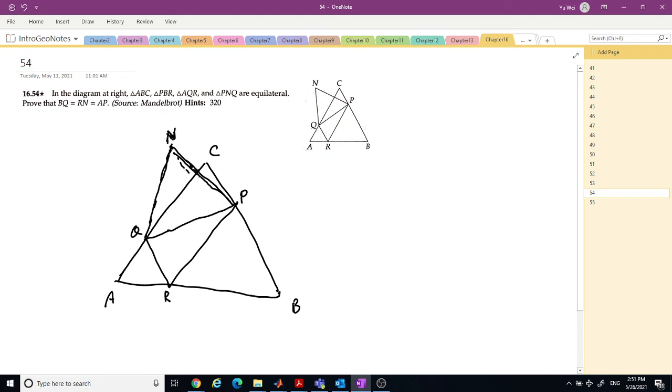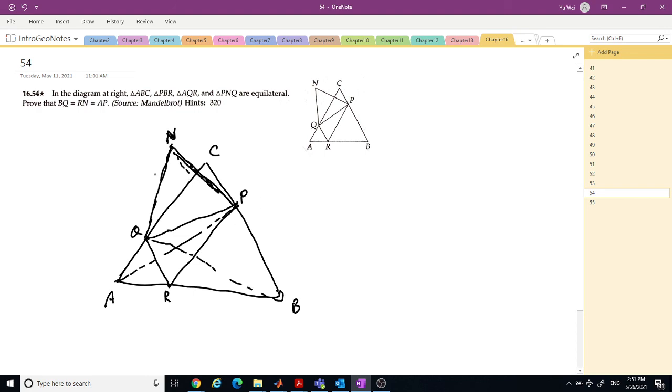Okay, so they are equilateral triangles. So we want to prove that BQ equals RN equals AP, okay? First let's parameterize this.